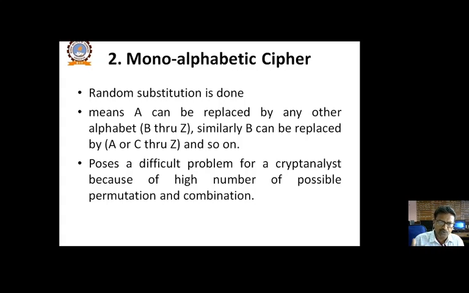For A he has to go through 25 possibilities, for B 25 possibilities, and so on. But in the case of modified Caesar cipher, once one possibility has been taken, for the rest of the characters the same possibility will be there. So there are only 25 possibilities in the modified Caesar cipher. But in mono-alphabetic cipher, there is a high number of possibilities which has to be taken care of by the attacker.